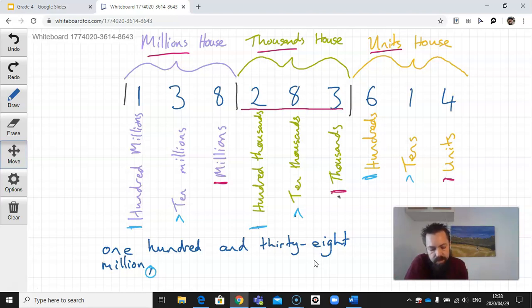Oh, I should have done that in colors. I'm going to switch to doing colors now. So I'm looking at the thousands house. 200 and 83,000. That's the name of the thousands house. I'm going to put in a comma to separate my house.